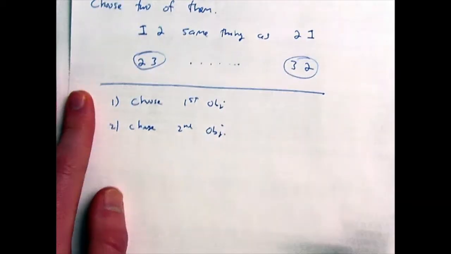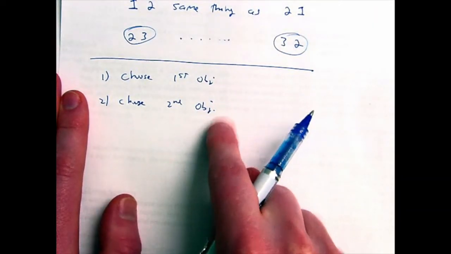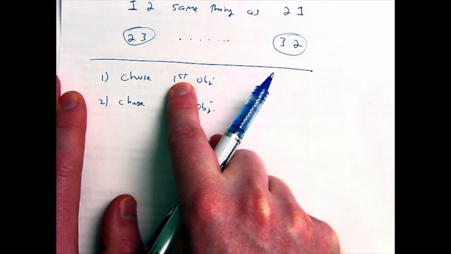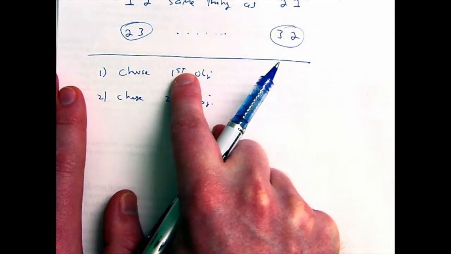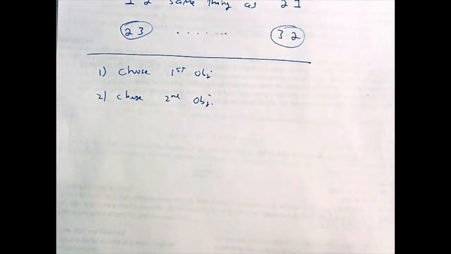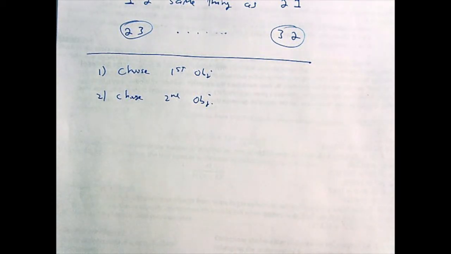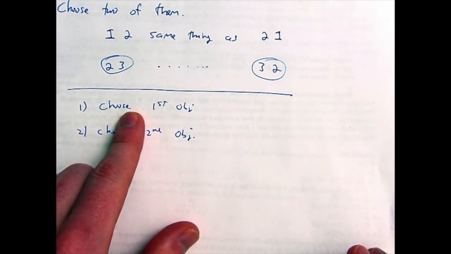You can already tell, perhaps, that this algorithm is going to give the wrong answer, because even the language I'm using inadvertently labels one of my objects as the first object and another as the second object. But I don't want to do that. I don't want a first object and a second object. I just want 2 objects, no order. So you can maybe already see that this algorithm is going to give you the wrong number, and sure enough it does.